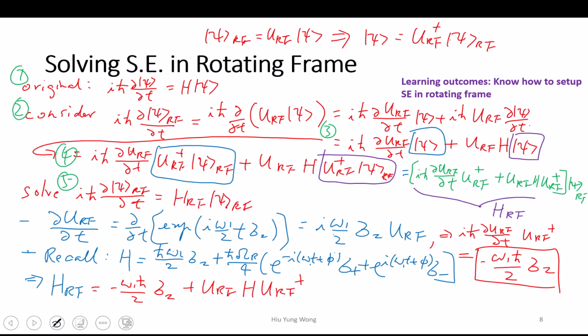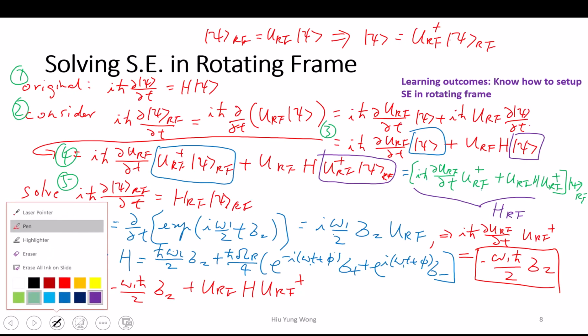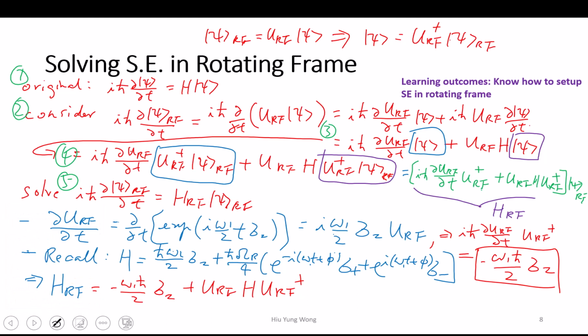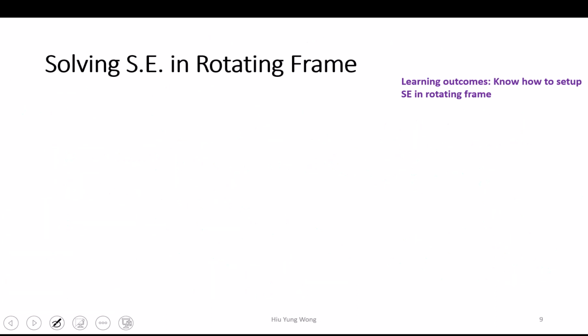So let's do step by step. I did not consider this in my cheat sheet. So consider, let's do this one by one: U_RF times σ_z times U_RF dagger equals U_RF dagger times σ_z equals σ_z.